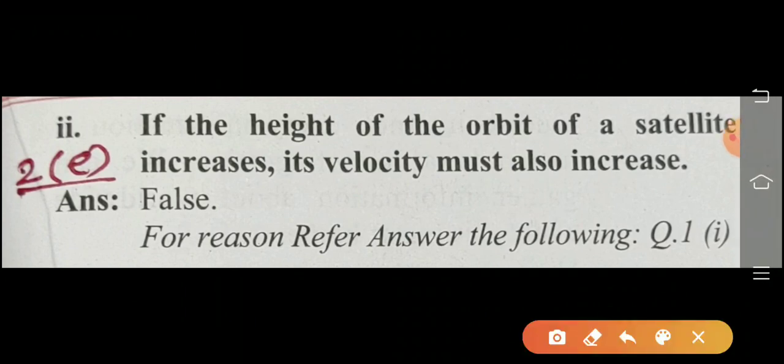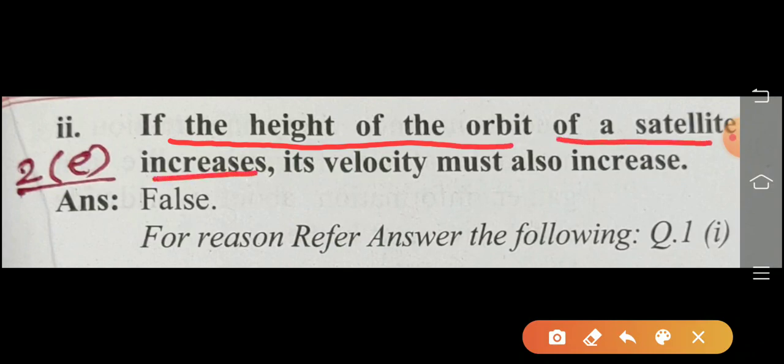Next true or false sentence is given for us. If the height of the orbit of a satellite increases, its velocity must also increase. So the answer is false. What is the relation between velocity and height? Inversely proportional. Clear?